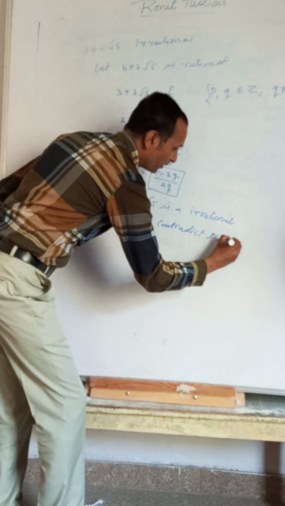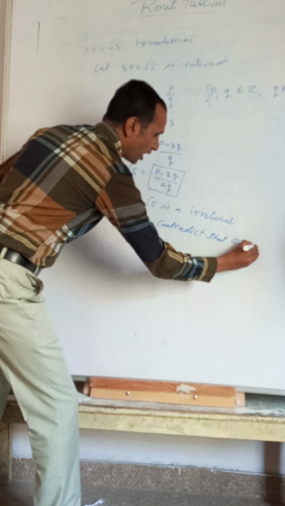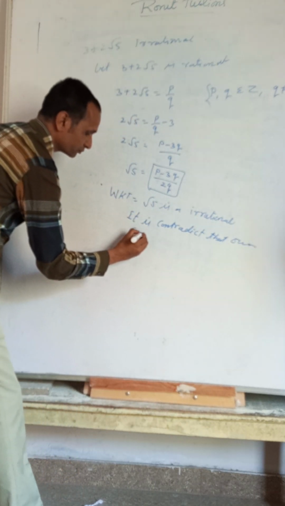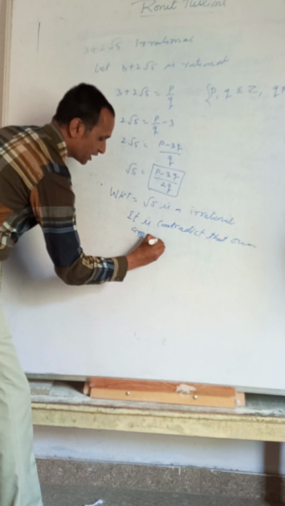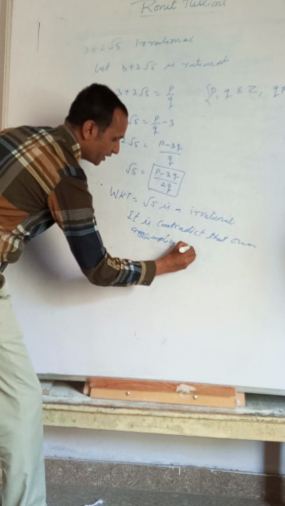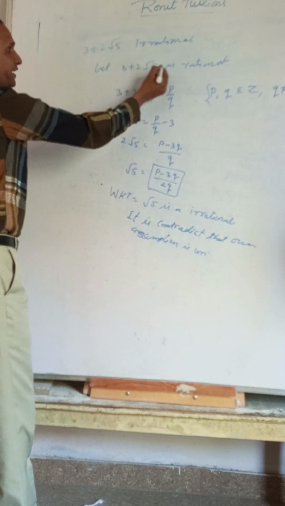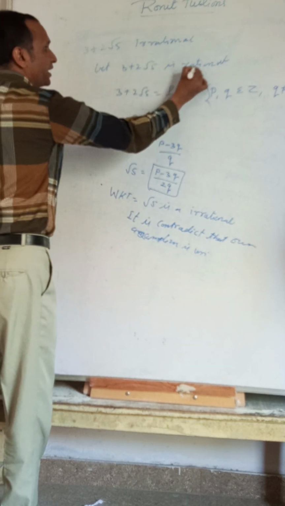It is a contradiction that our assumption is wrong, so what we thought, that it is a rational number, is wrong.